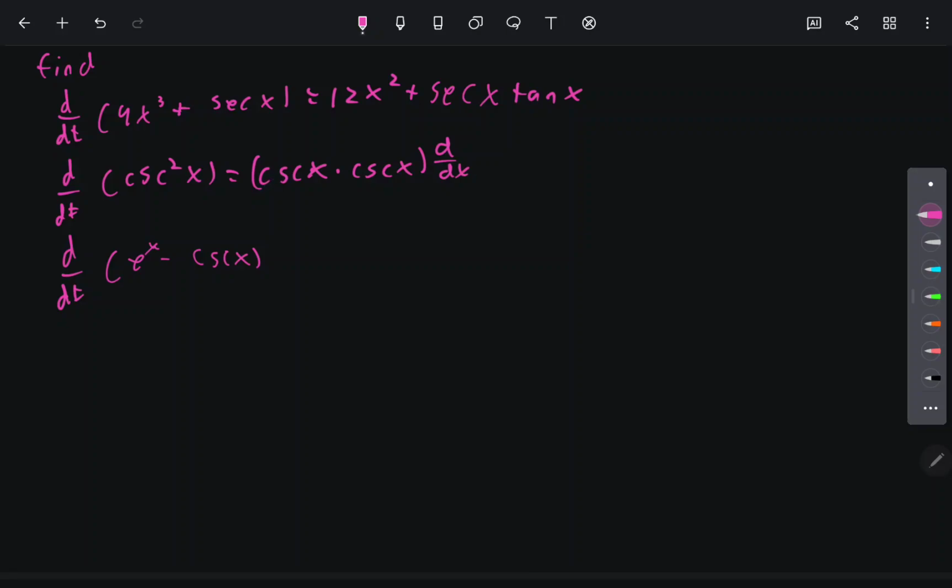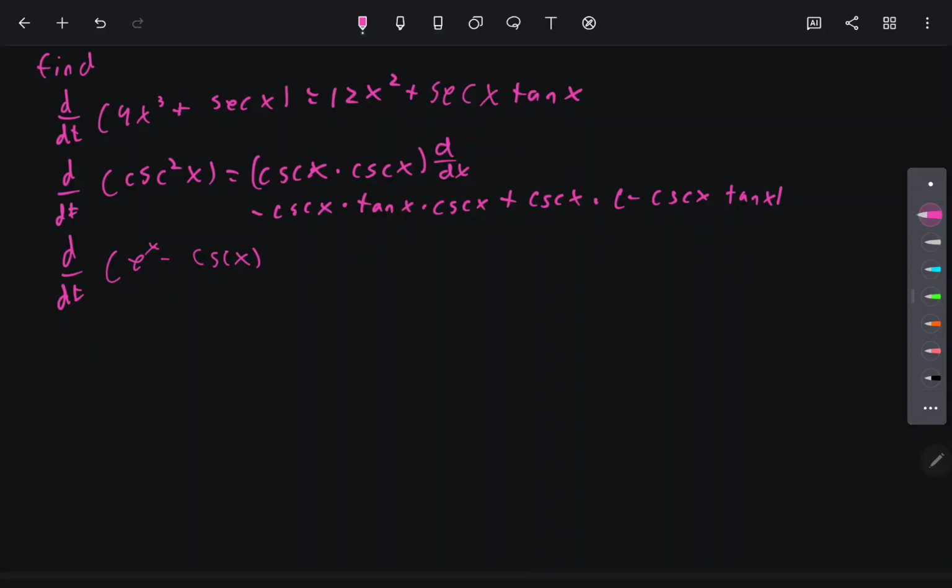So we get the derivative of the first, which is negative cosecant x times tangent x, times the cosecant x, plus the first, which is cosecant x, times the derivative of the second, which is negative cosecant x tangent x.